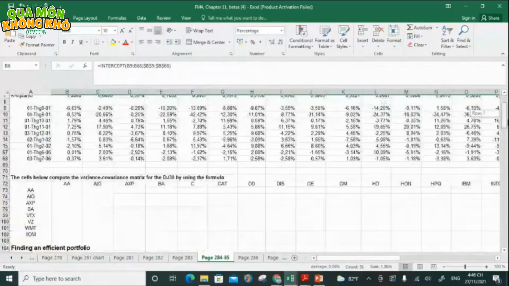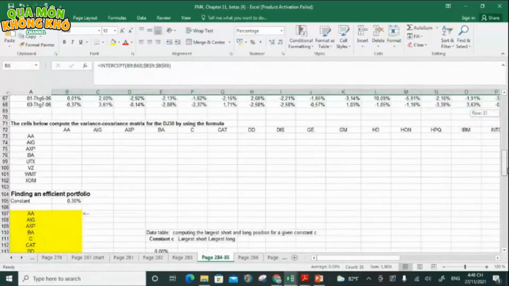And here now, as Lopez mentioned above, we will calculate the variance-covariance matrix.